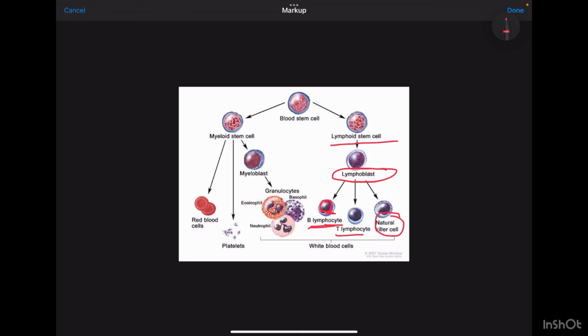The cytoplasm is a very small portion of the cell. We have the natural killer cell. These are, as we said, the agranulocytes. There are not as many granules as in the granulocytes, such as basophil, eosinophil, and neutrophil. We also see the difference in the nucleus. Here it is mostly multi-lobed, and in here it's just one big nucleus filling the whole cell.